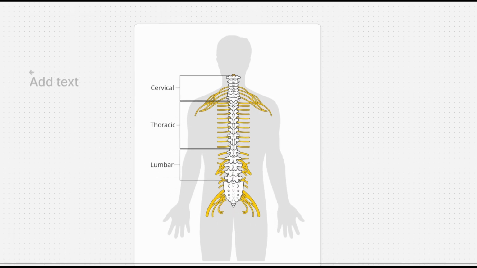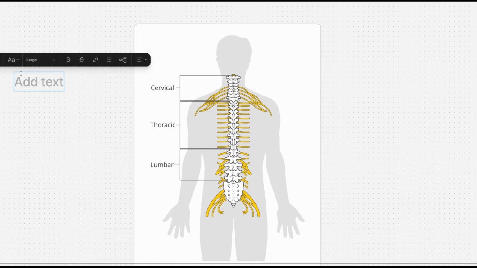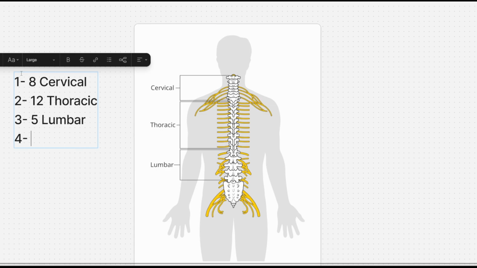They're numbered like this: 8 cervical, 12 thoracic, 5 lumbar, 5 sacral, and 1 coccygeal.